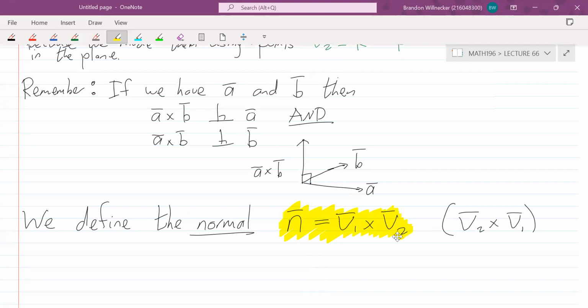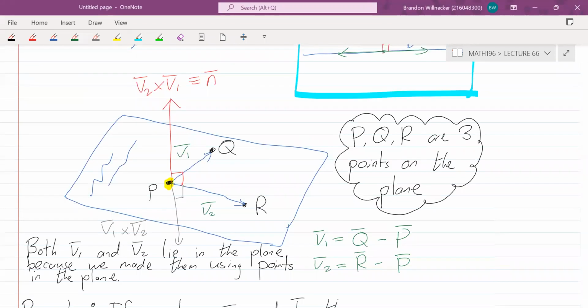So what we want to do now is use this normal to determine the equation for the plane. In other words, if I give you a point x, y, z, I'm going to ask, is this point in the plane or is it not in the plane? We want to check that. So let's go back to our picture here.